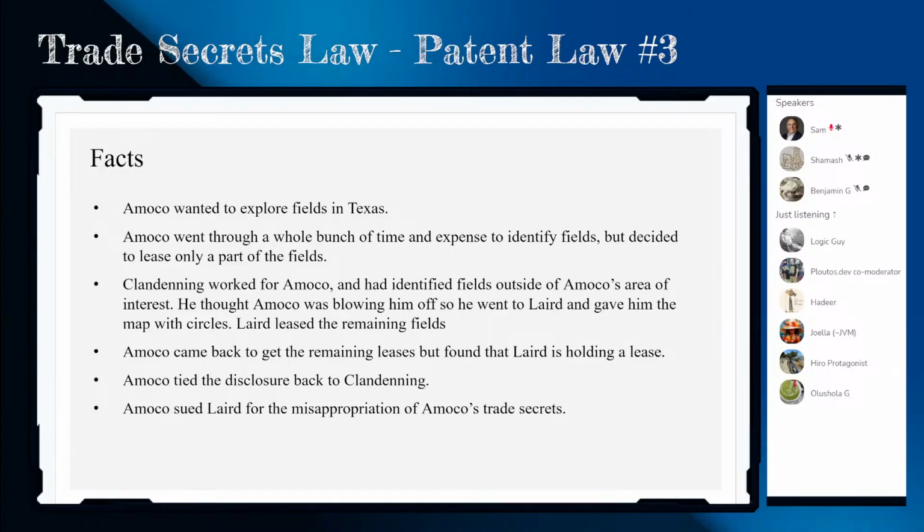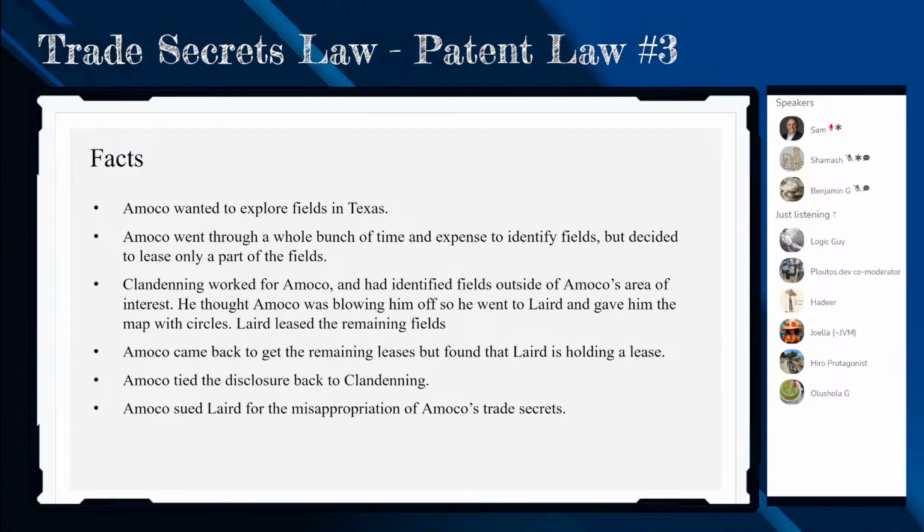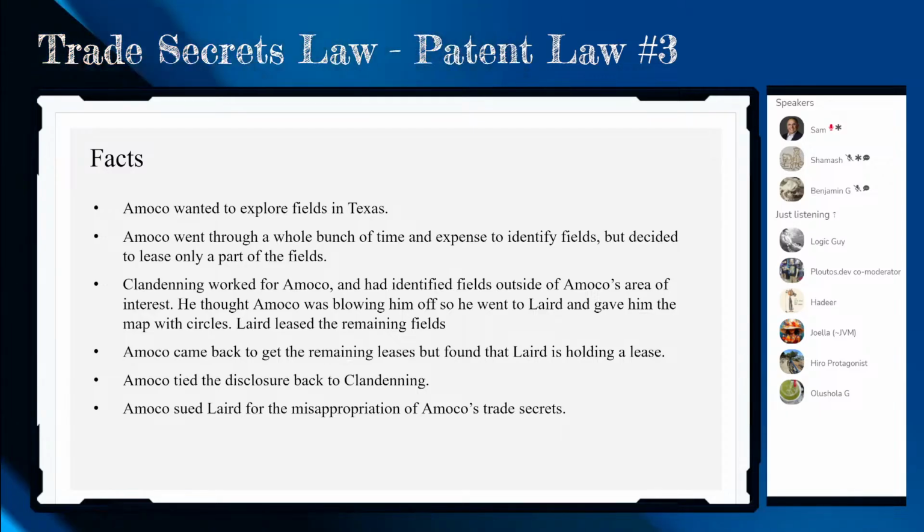So basically, simply they picked the fattest cow and sue it. Is this how it works? Absolutely, you go after the deepest pocket, and you forget about what Clendening did. I mean, you bring in the wrongful acts of Clendening as part of your lawsuit against Laird.